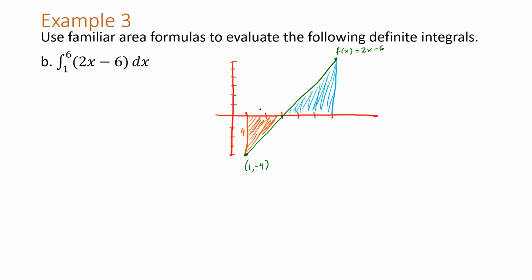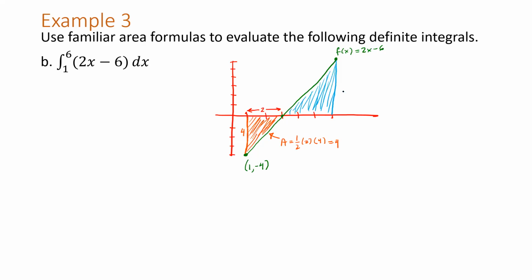And then the base along the other side here would be 2. Okay, so the area of this triangle here is 1/2 base times height. So that would give me 4. So the area of that region that lies below the x-axis is 4.